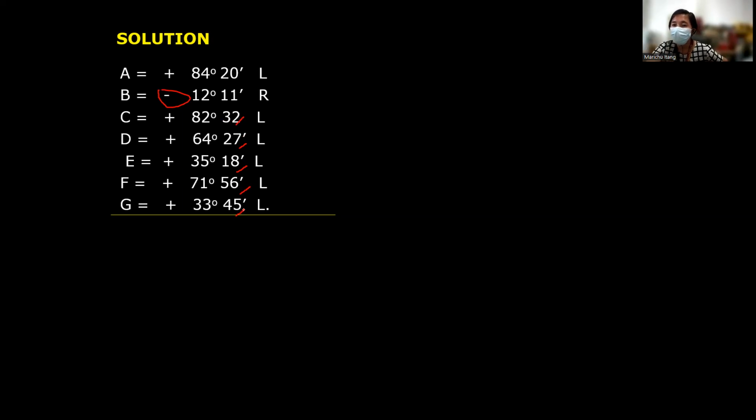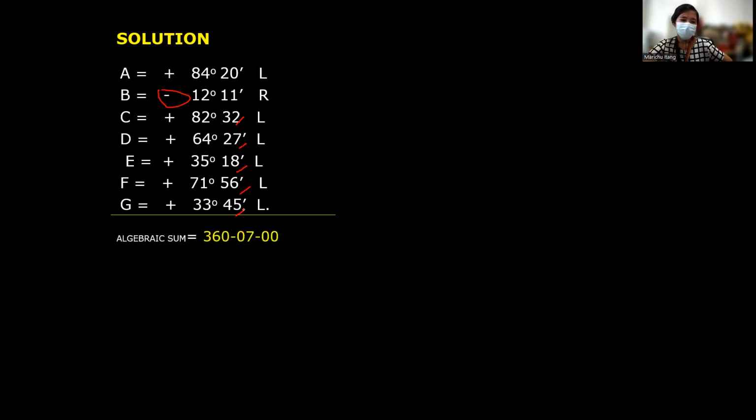It should be equal to 360 degrees, since our assumption is the sum of all of the deflection angles is equal to 360 degrees. If it's not, then we need to apply correction on our deflection angles.